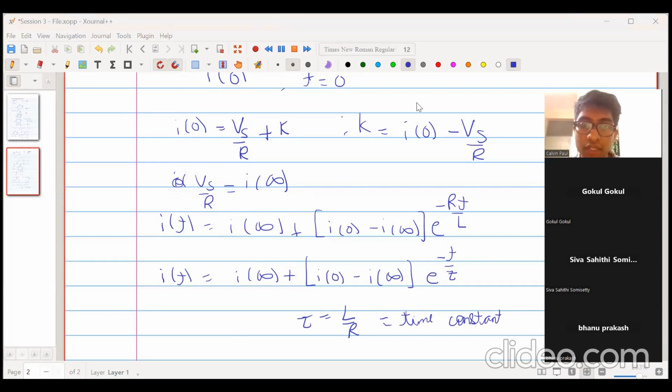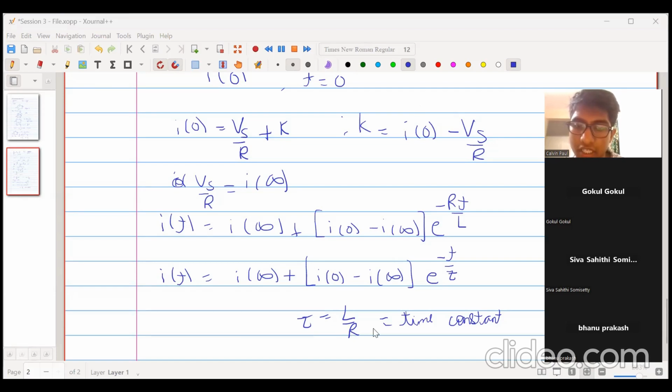So can you tell what is the dimension of tau? Do you know what is the dimension of tau?